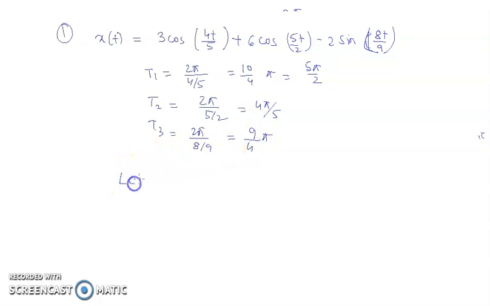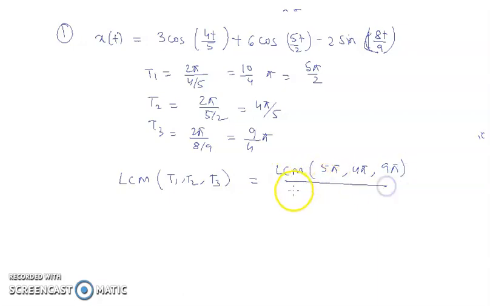So LCM of T1, T2, T3 will be equal to LCM of 5π, 4π, 9π upon HCF of 2, 5, 4 for the denominators.